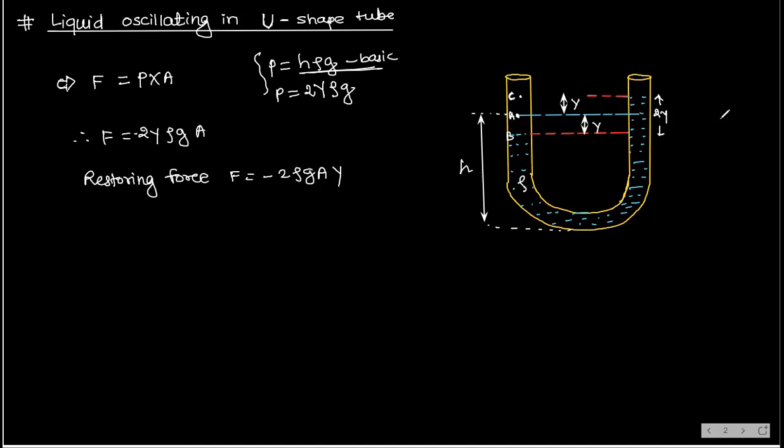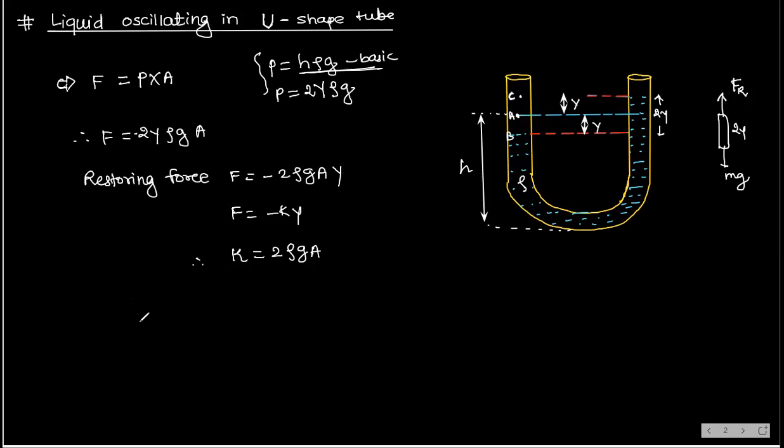If we draw the free body diagram of this oscillating liquid, this is 2y. Above you are having the resultant force, downward you are having mg. Now let's compare this with minus ky. Therefore, comparing, you are getting k value equal to 2 rho g A.